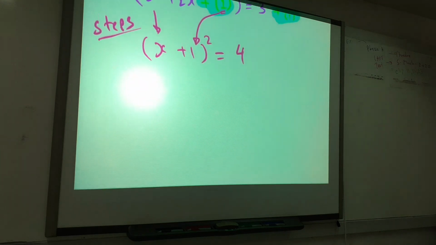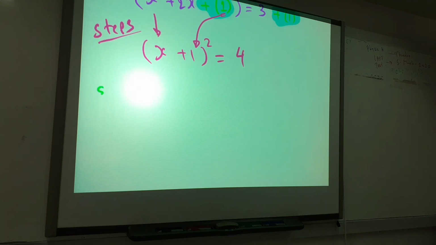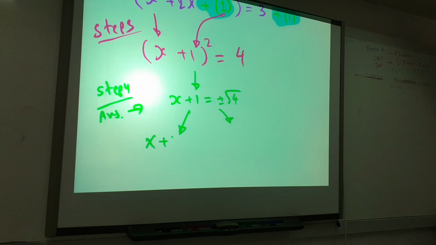Step 4, write the answer. You write this guy: x plus 1 squared. What do we do next? Take the square root. There will be two answers.